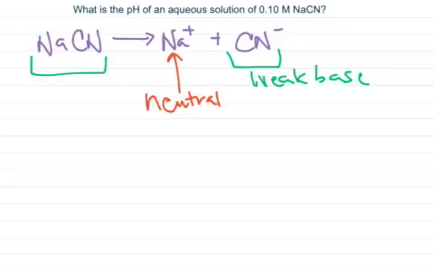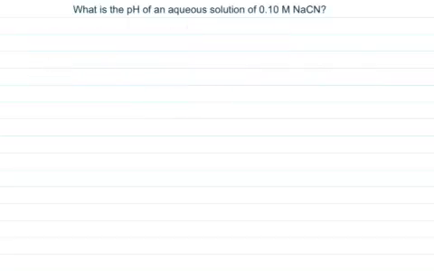So let's now find what is the pH of the aqueous solution. So we're going to focus on CN-, the weak base. The first thing I'm going to do is create a dissociation equation and a Kb expression for that. So here we go.